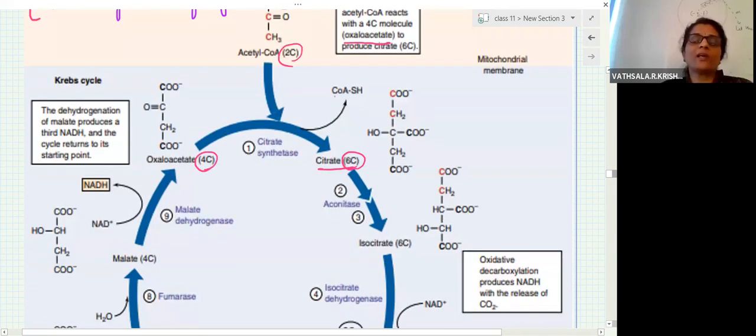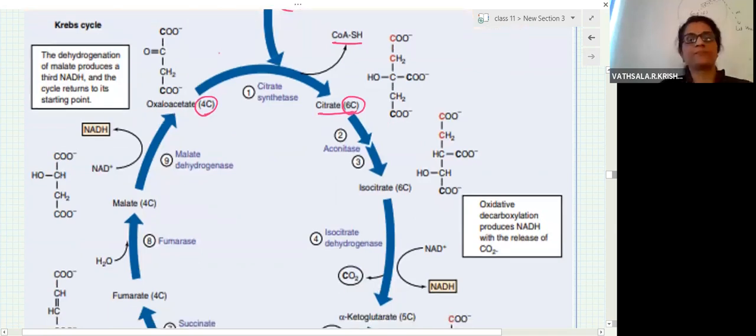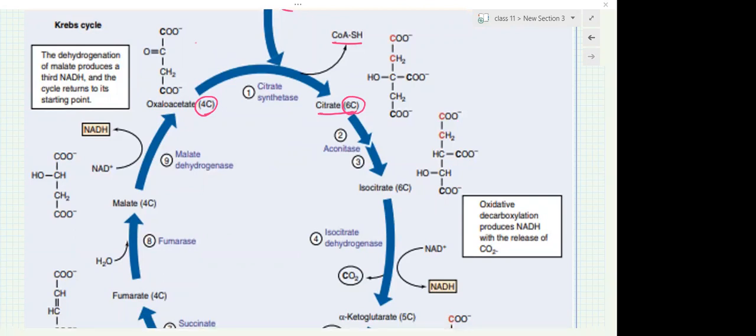Here coenzyme A is released. So now it's converted, we discussed that. What is the next step? Isomerization. Very good. So isomerization takes place. Citrate to isocitrate. Aconitase is the enzyme, given in light blue here.